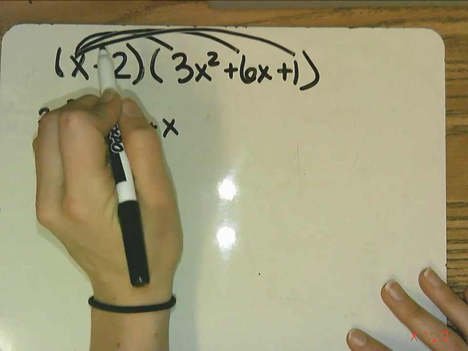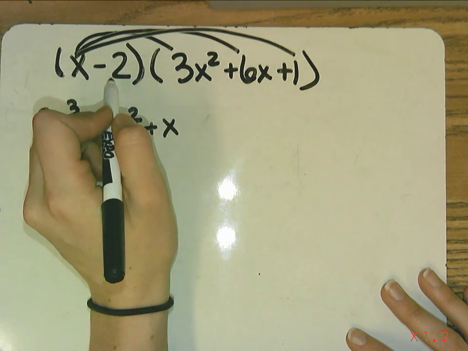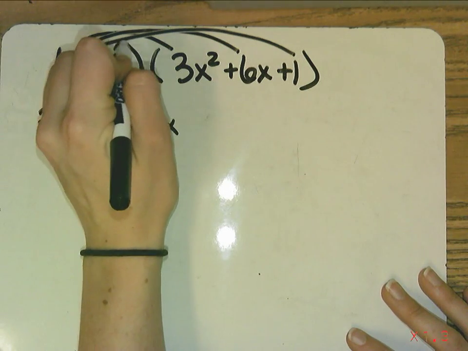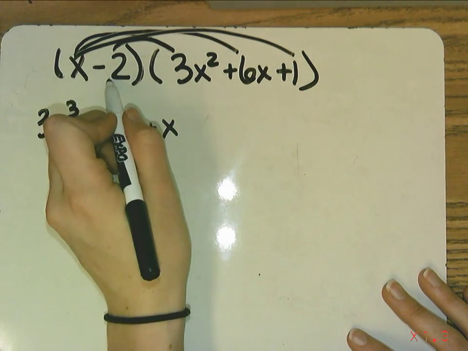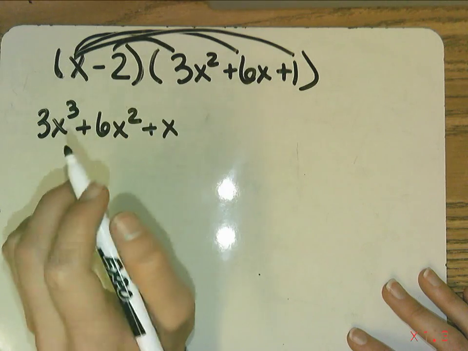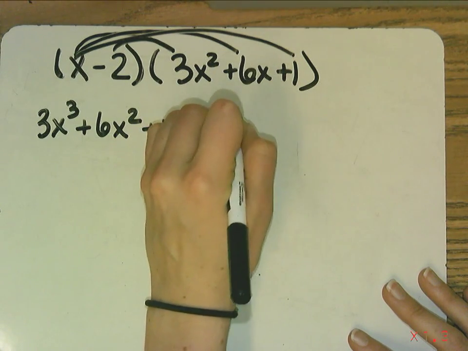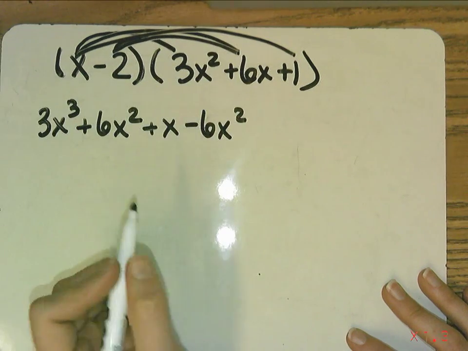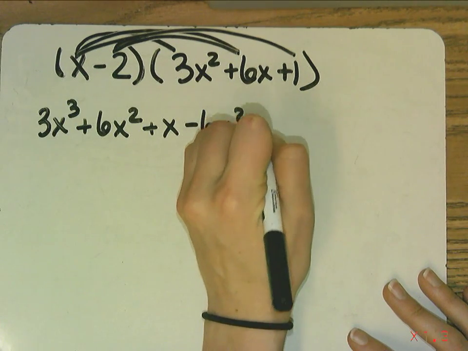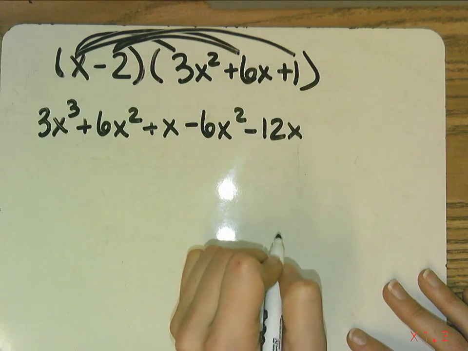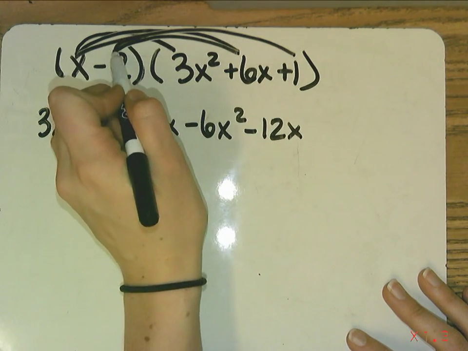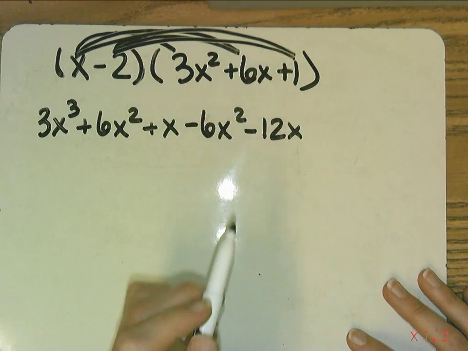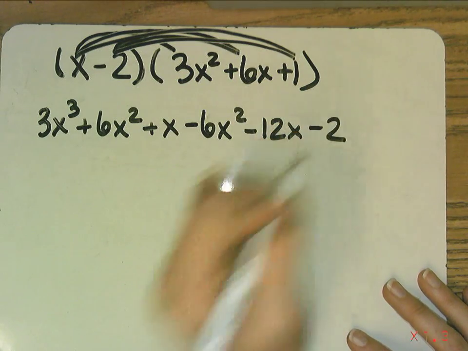Next, I'm going to take my second term from my first polynomial and multiply it by the first term here. Negative 2 times 3x squared gives me negative 6x squared. Then I have negative 2 times the next term, which is 6x, gives me negative 12x. Then I have negative 2 times a positive 1 is negative 2.